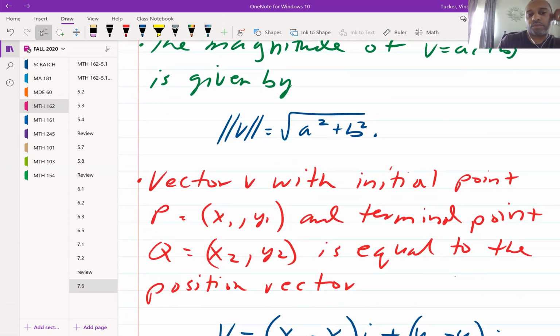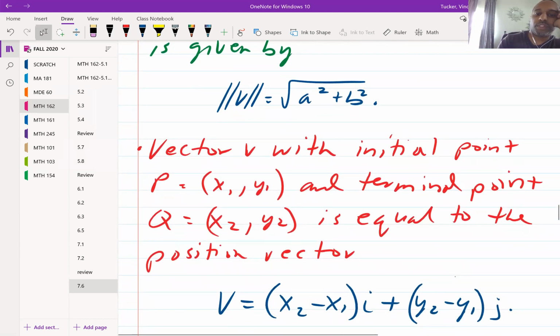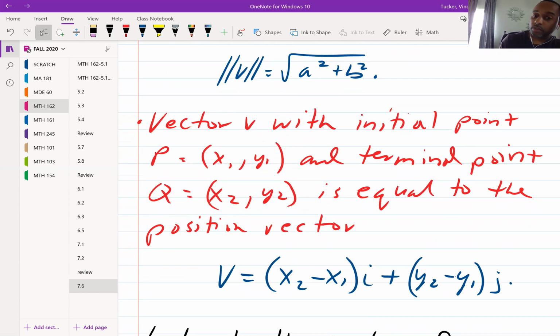Vector v with the initial point x1, y1 and terminal point x2, y2 is equal to the position vector x2 minus x1 i plus y2 minus y1 j. And that goes back to our distance formula. If I substitute x2 minus x1 for a and y2 minus y1 for b, then I will have my distance formula back.